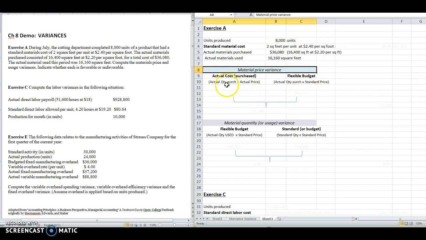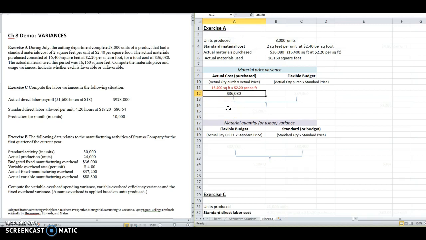So we need our actual cost. The actual cost from the information we said was $36,080, which we got from taking the 16,400 square feet at $2.20 per square foot. If we multiply those together, we get $36,080.